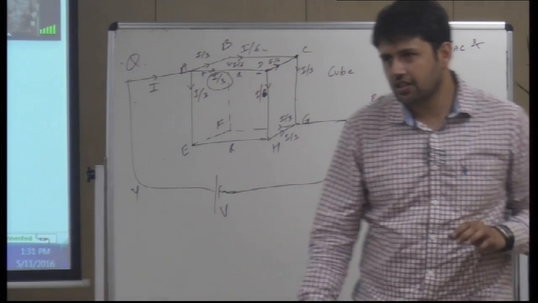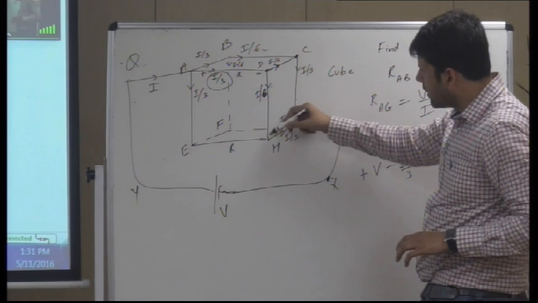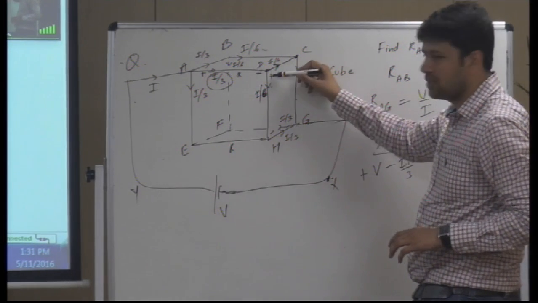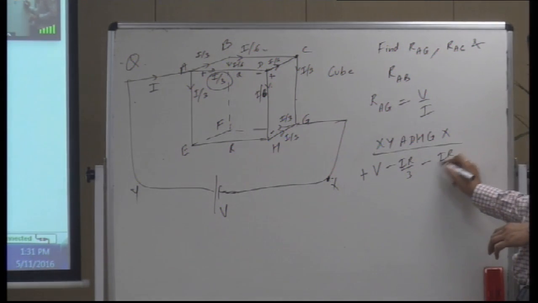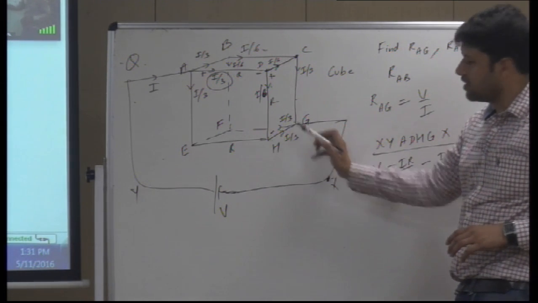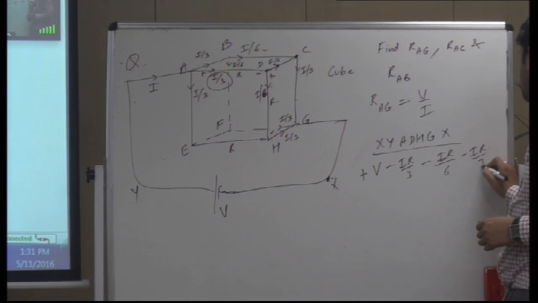This should be like this. Okay, so drop in potential. Again, for this DH branch, current flows from higher to lower potential, a drop in potential, again minus IR by 6. Resistance is R, current flowing is I by 6. From H to G, again IR by 3, minus IR by 3 is 0.